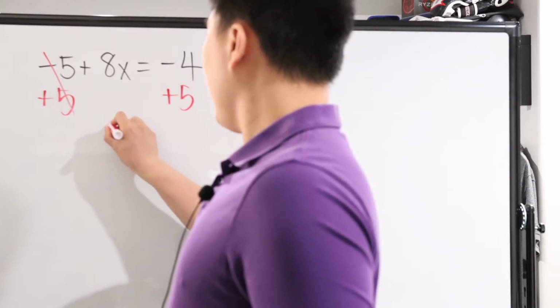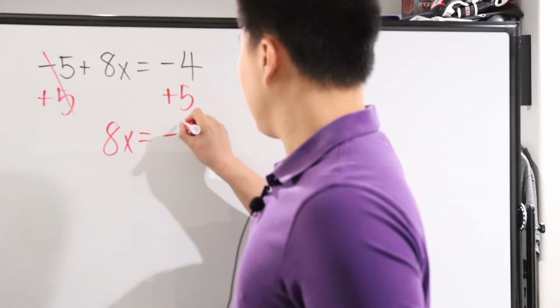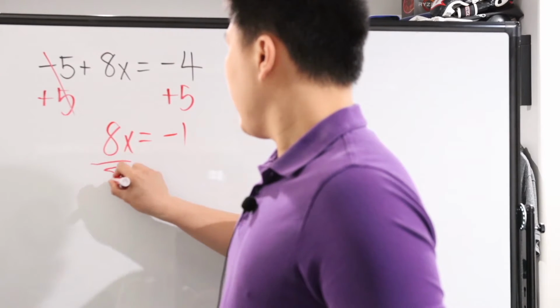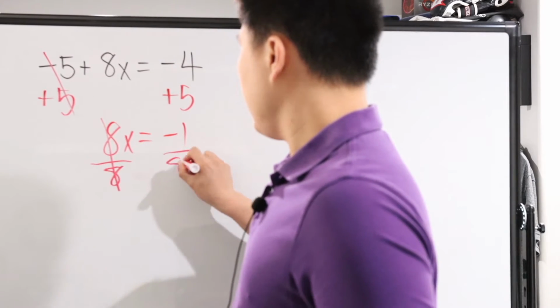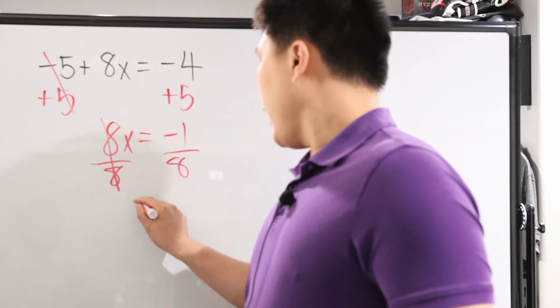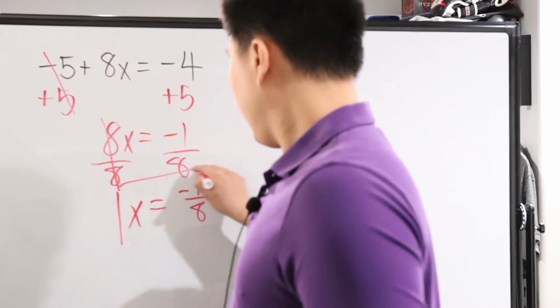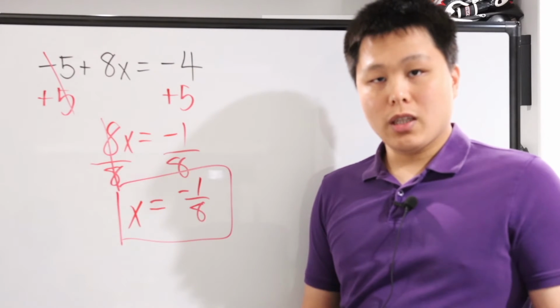So we have now 8x equals -4 plus 5 is just -1. Divide by 8 on both sides, because once again, that's a multiplication, do the opposite, divide, right? Now you have x equals -1 over 8. And that would be the answer for this problem.